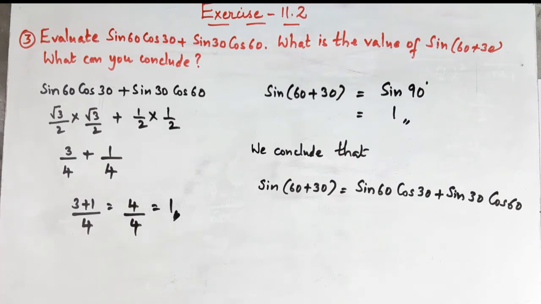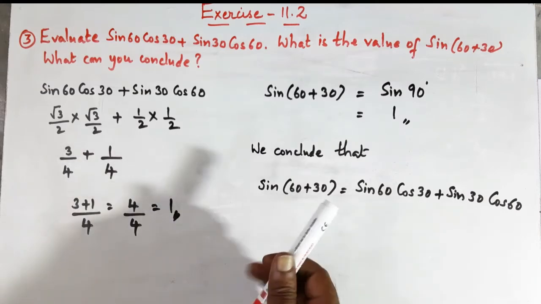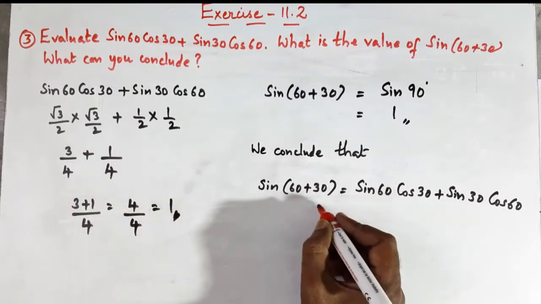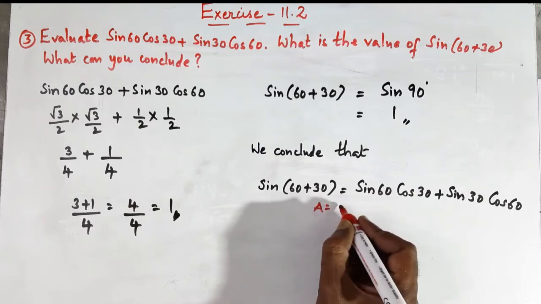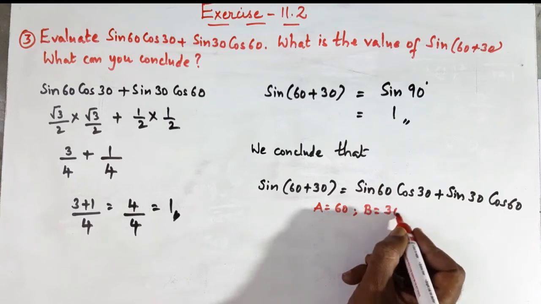Now I want to change this equation into a formula. How? Let us assume that A is equal to 60, B is equal to 30. What happens?